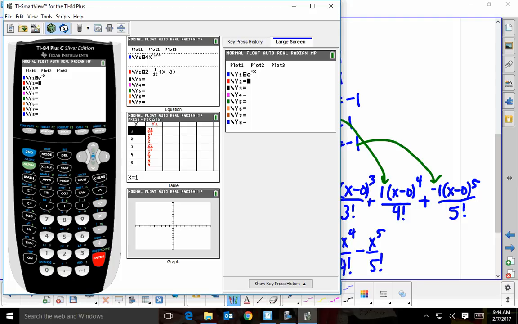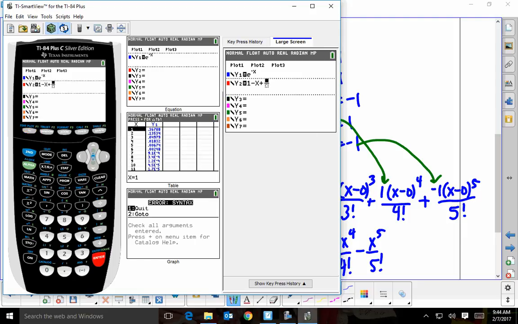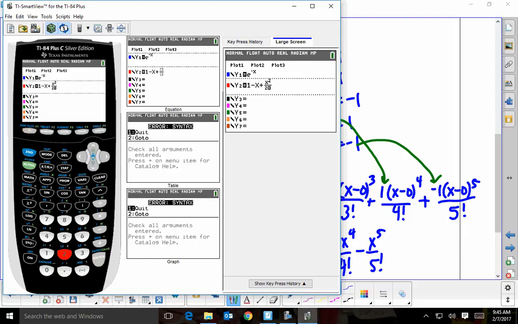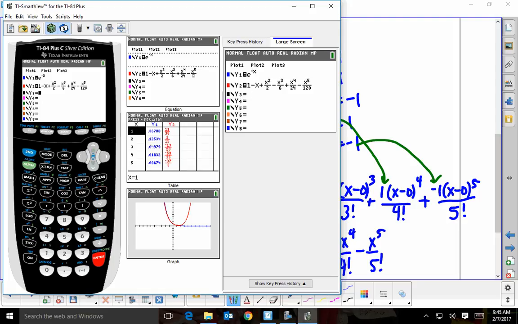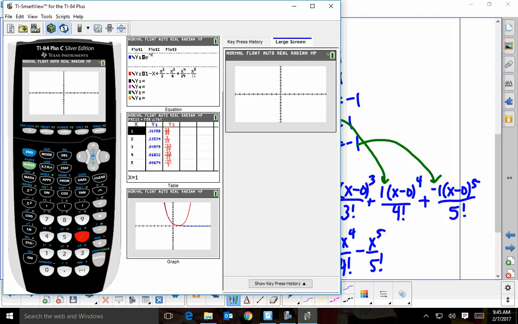And then we had 1 minus x plus x squared over 2 factorial, which is 2, minus x cubed over 3 factorial, which is 6, plus... I want to look close to 0. So there's my e to the x.